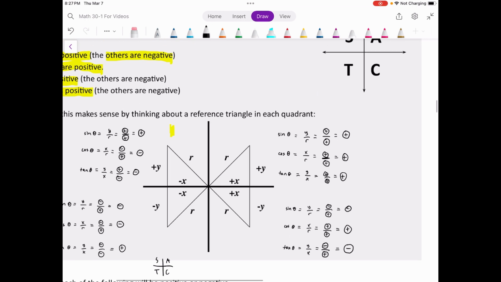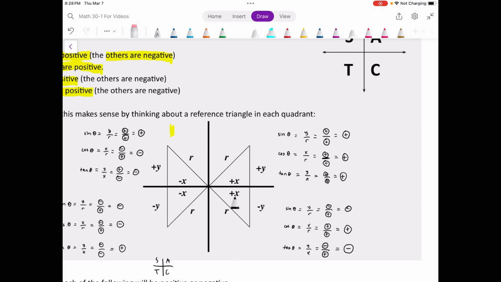For the fourth quadrant, where only cosine is positive, well, look, x is positive again in the fourth quadrant, right? These are all our positive x's on this side of the y-axis. So we've got positive x's in the fourth quadrant, but down here we have negative y's. So adjacent over hypotenuse, r is always positive. We've always got a positive hypotenuse here.